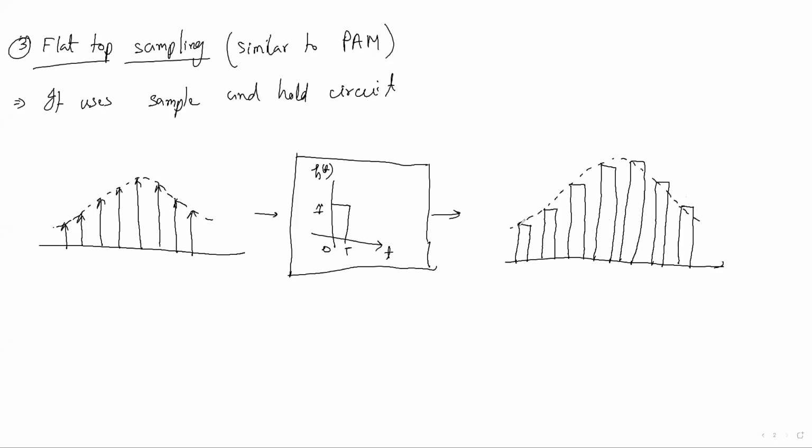It means at each sample it will hold for some time to get the amplitude. So this is the sample and hold circuit used to get this type of sampled signal. Here you can see that some amplitude does not follow the curve of the message signal. Some extra corner of the rectangular pulse comes out. This error is called the aperture effect.